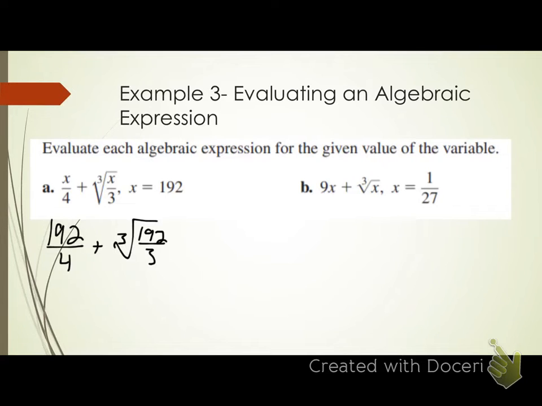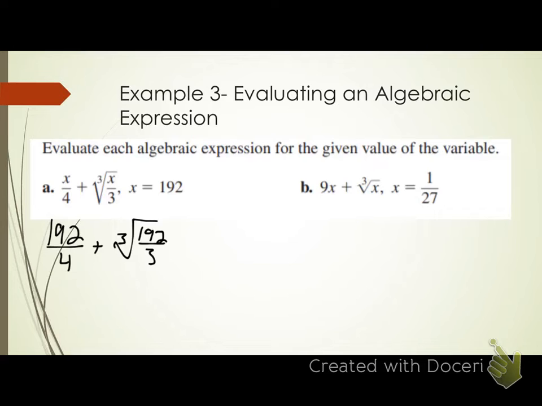No. You're not going to be able to do that for 3 either. Does anyone have any ideas what I might have to do here first? Simplify what? 192 over 3. Very good. Yeah. That fraction is just division, correct?